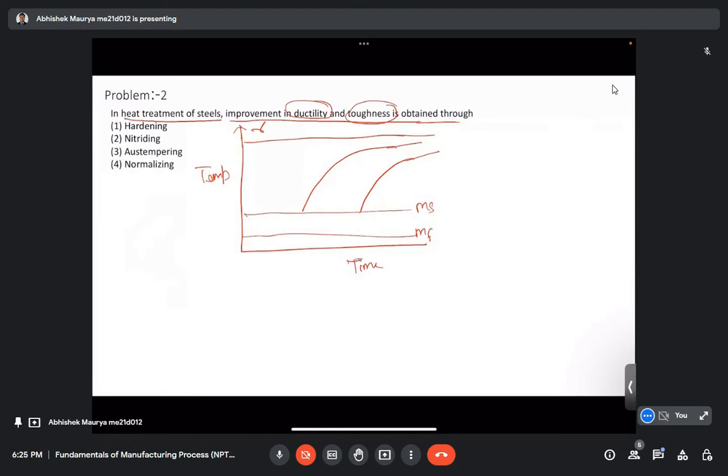So initially we have austenitic steel, and suppose the cooling rate is too high, then what will we get? We will get martensite, and we know martensite is very hard and brittle.